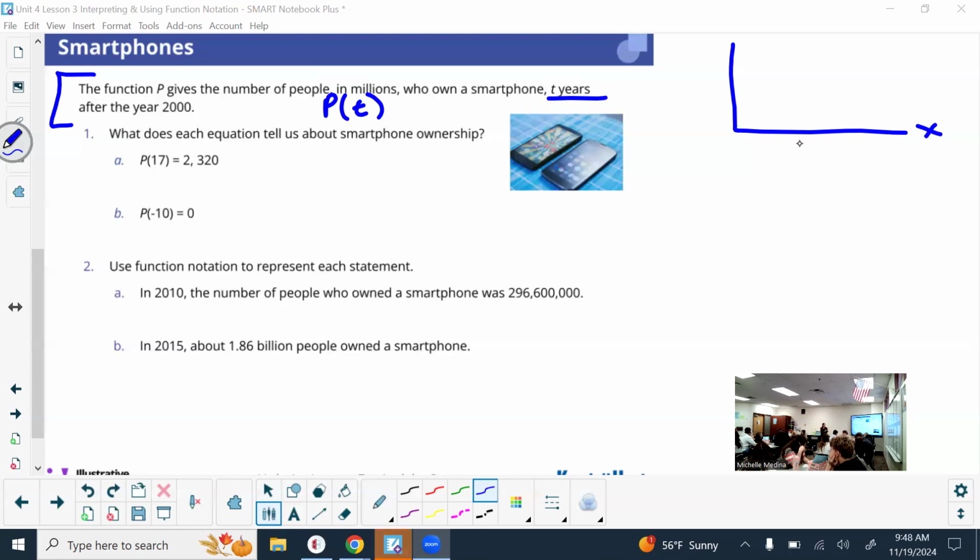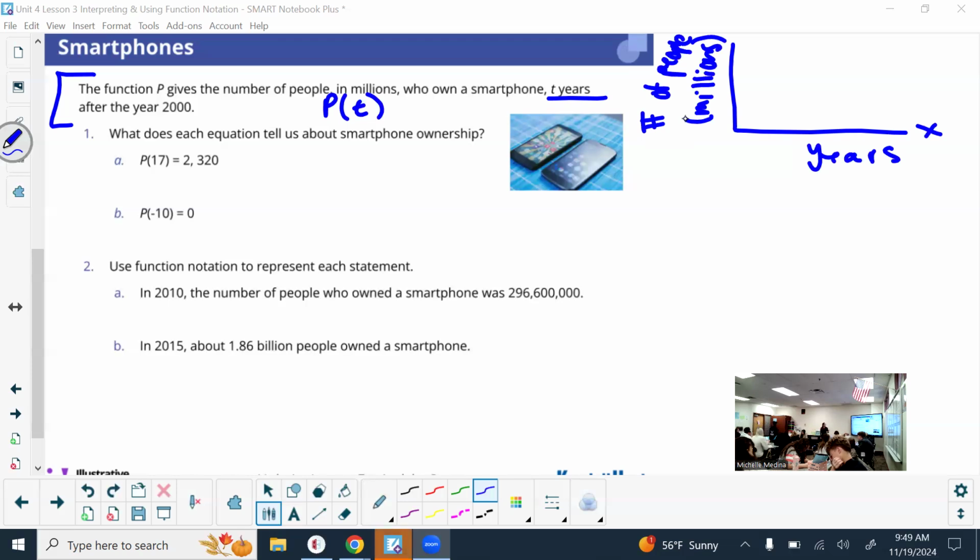I can tell you that time is almost always on which axis? The x-axis. So if one of them is a time frame of some sort, typically you can't change time. And then that means that the other variable, the number of people in millions, depends on what year it is, right? Does that make sense?